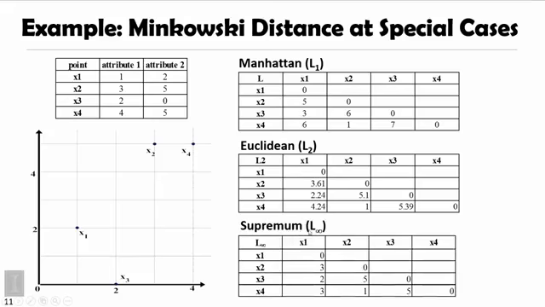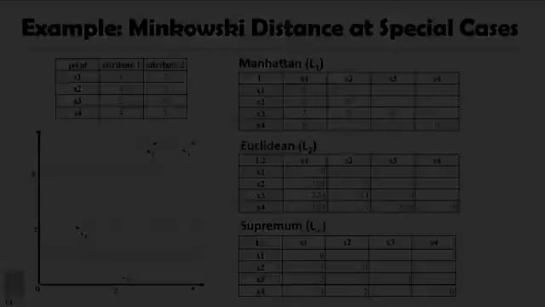For Supremum distance, L infinity norm, you can see x2 to x1, the difference is you first go down 3 blocks. For Manhattan distance, you get 3 plus 2. But for Supremum distance, you just see which attribute gets the maximum difference. So you can see the maximum one is 3 instead of 2. That's why x2 to x1 is 3. So it's pretty easy to compute.